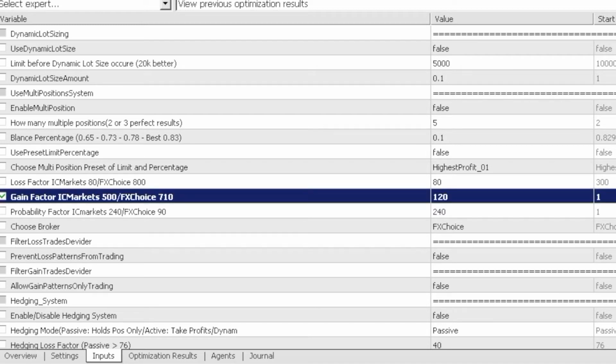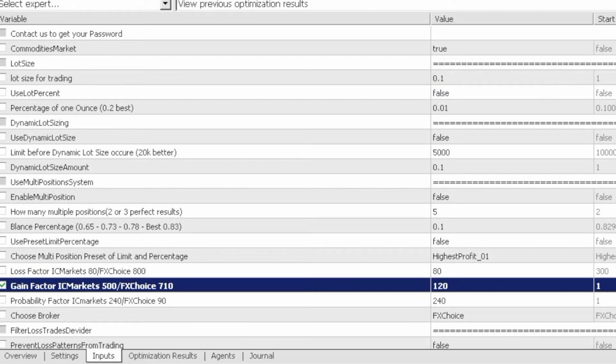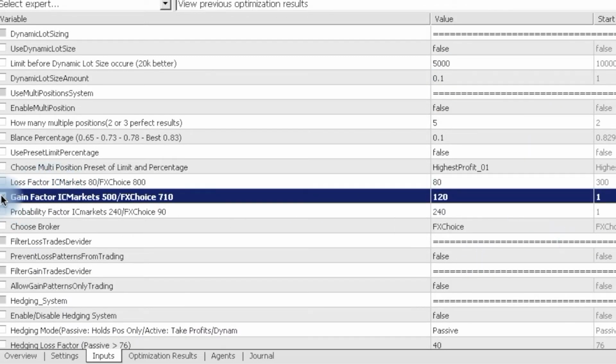Why? Because I might multiply this by 0.1, so it will give me 100. So if I do that, only selecting this check mark, and then do start, it will also do the optimization. It will give you the best number that you can use, the best gain factor. You can do this with every other setting here.